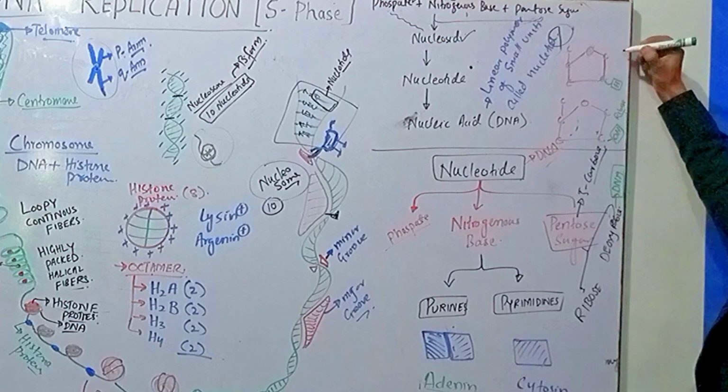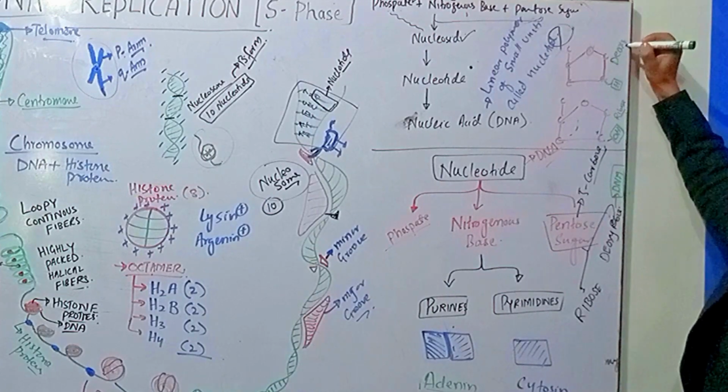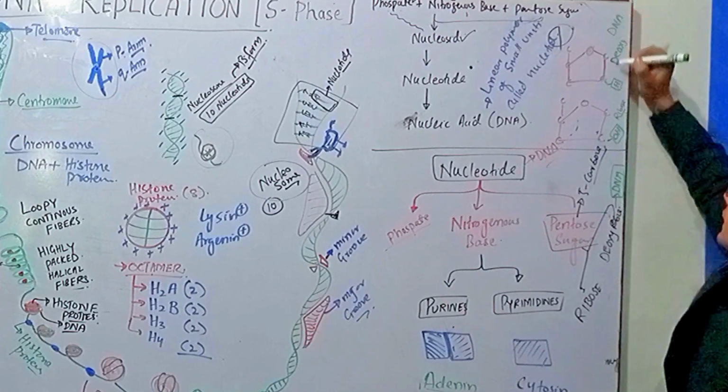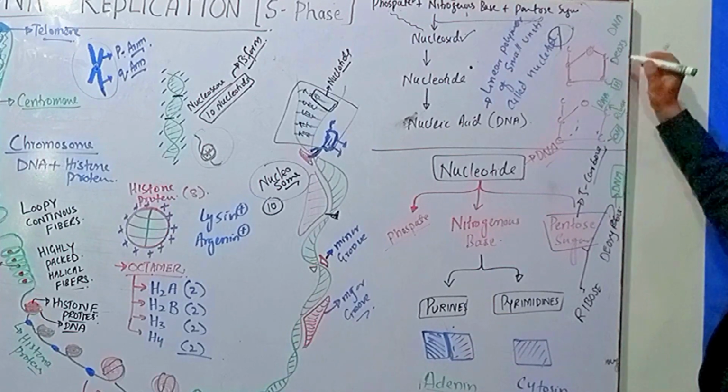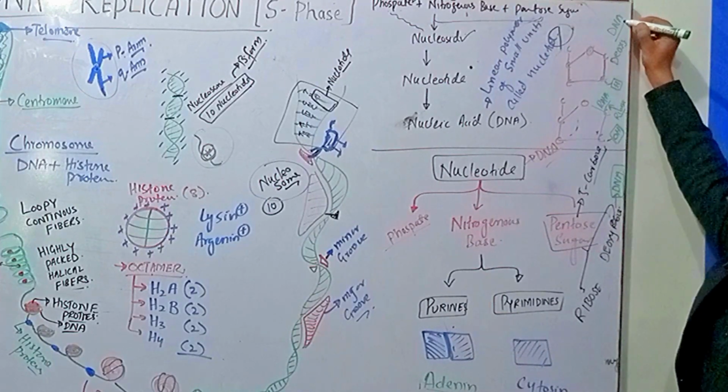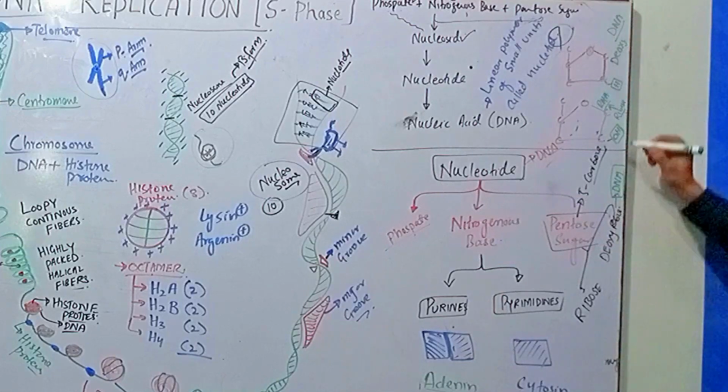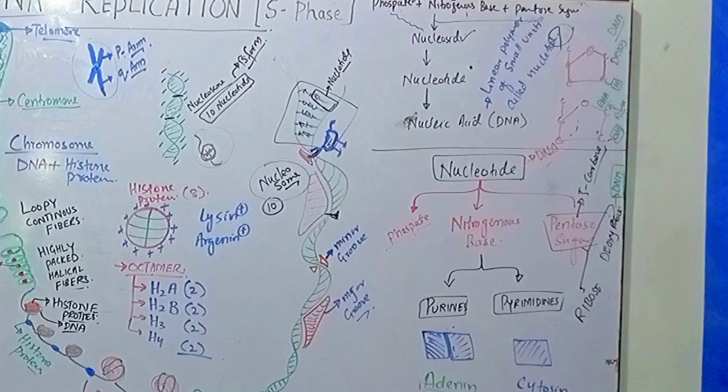This deoxyribose is present in DNA and this ribose is present in RNA, ribonucleic acid and deoxyribonucleic acid. So these are the pentose sugars which are present in nucleic acids and nucleotides.